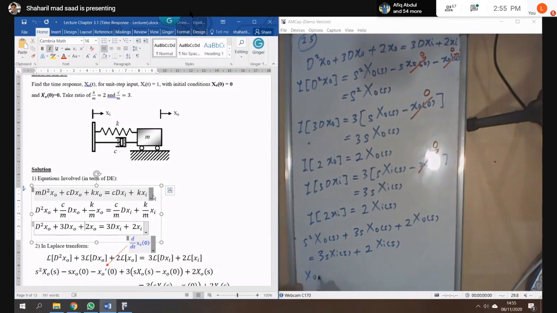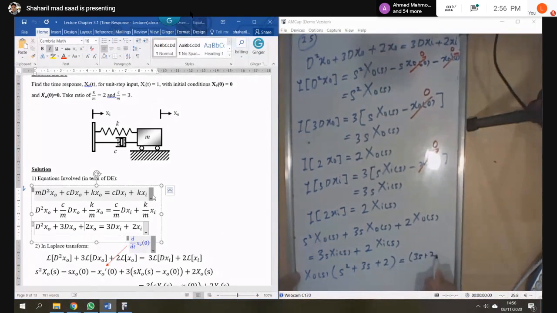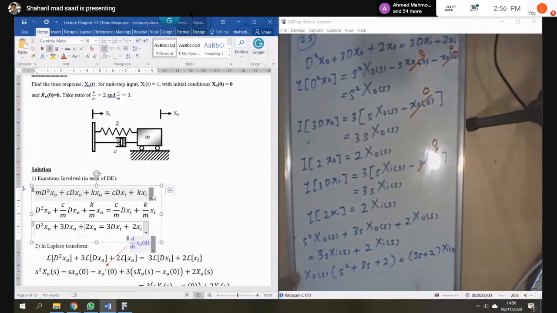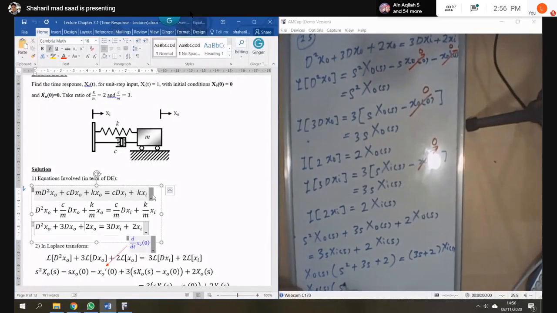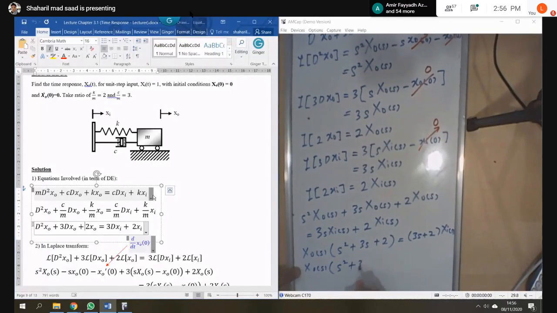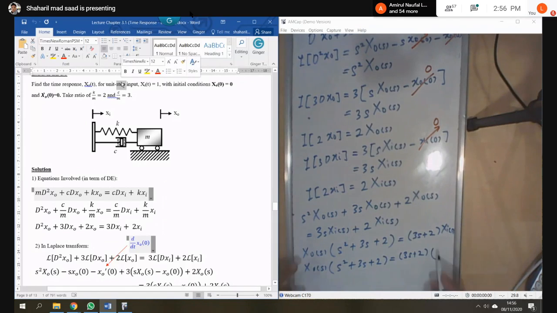Now we make it as x naught of s over xi of s equal to (3s plus 2) over (s squared plus 3s plus 2). Now xi of s, since it says unit step input, you need to multiply with 1 over s.